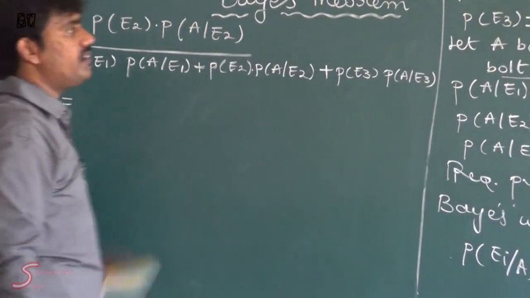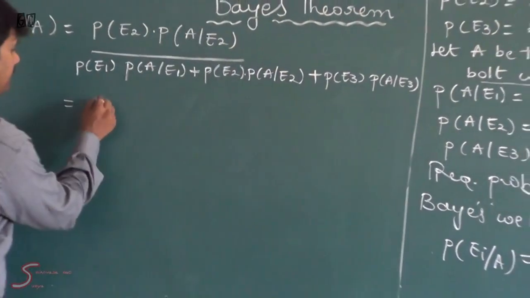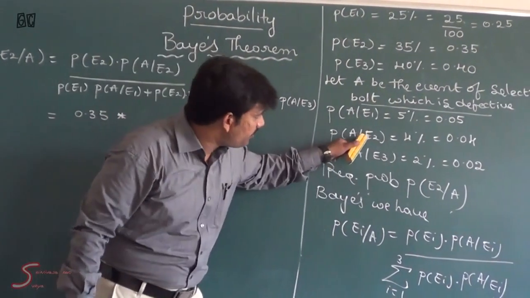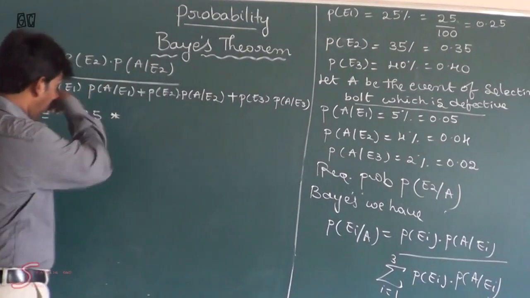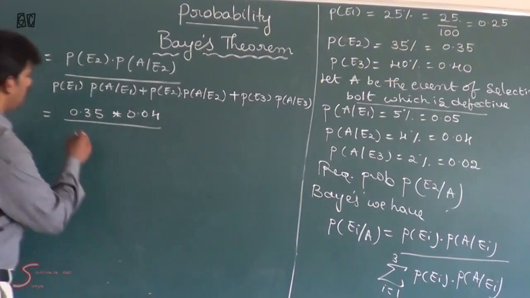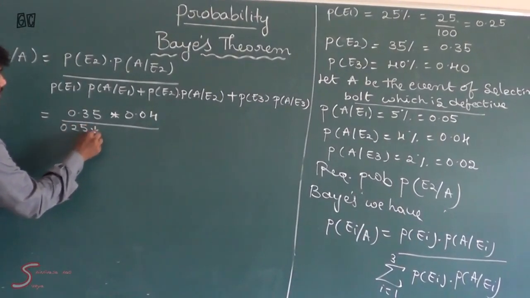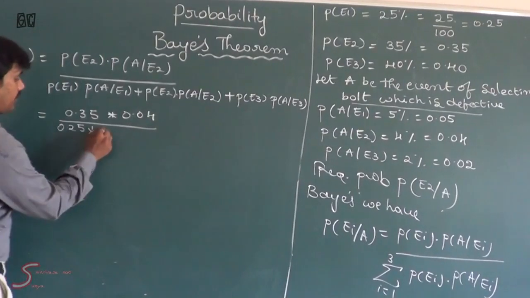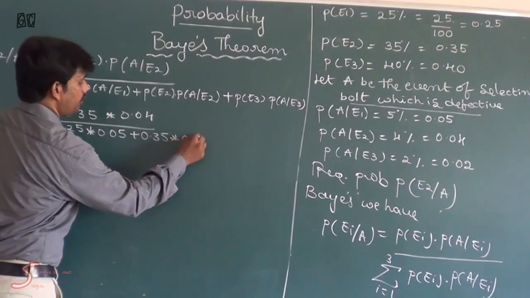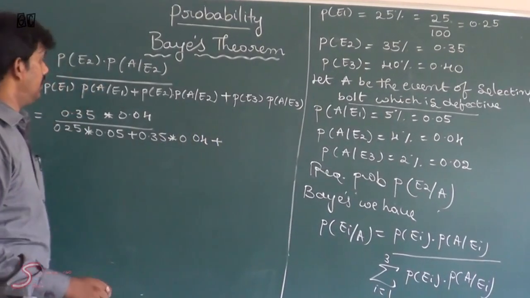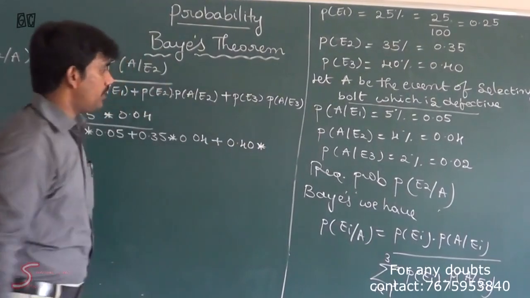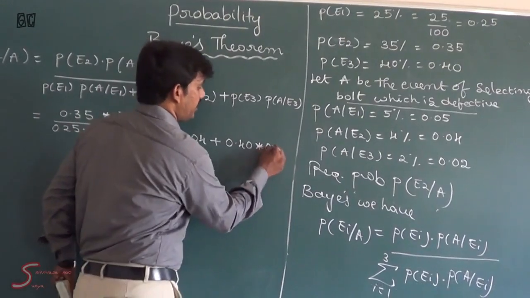So we already calculated P of E2. What is the value of P of E2? 0.35, into P of A given E2, which is 0.04, divided by P of E1, which is 0.25, times P of A given E1, which is 0.05, plus 0.35 into 0.04, plus P of E3, which is 0.40, into P of A given E3, that is 0.02.